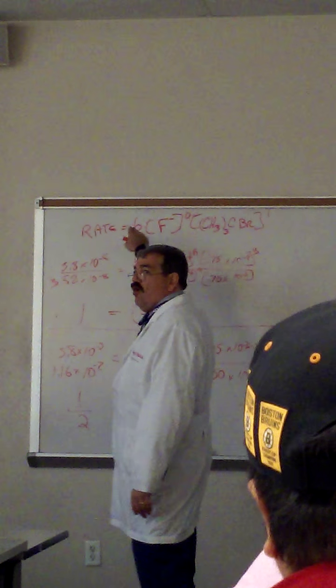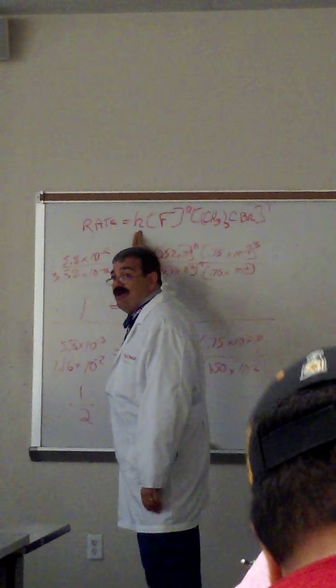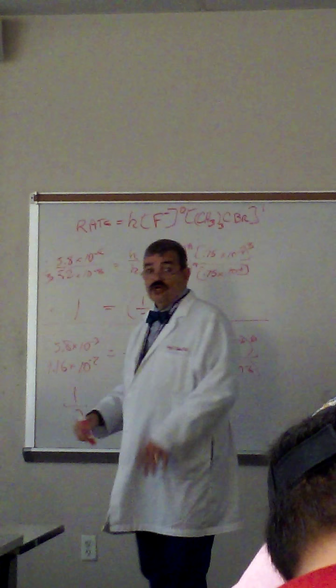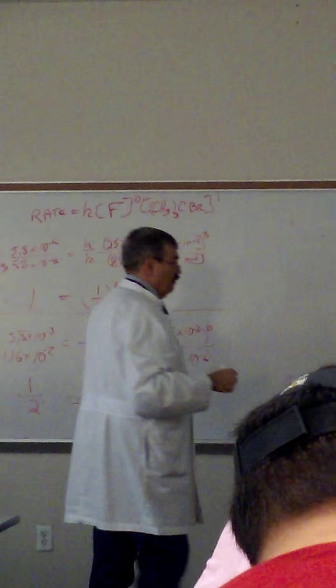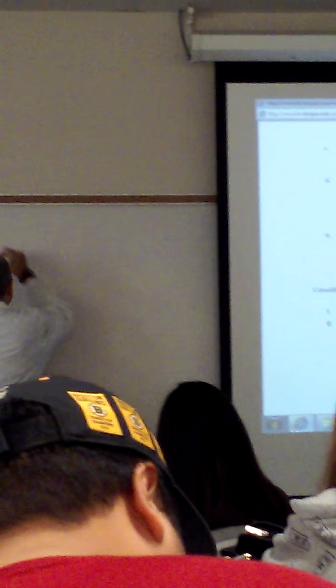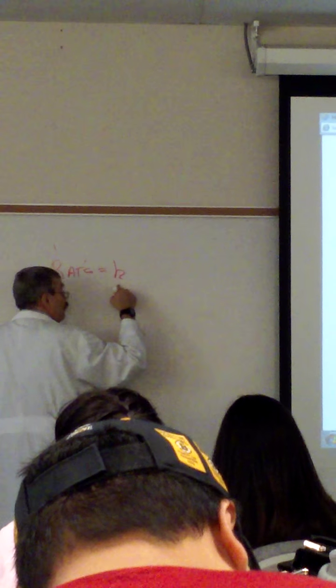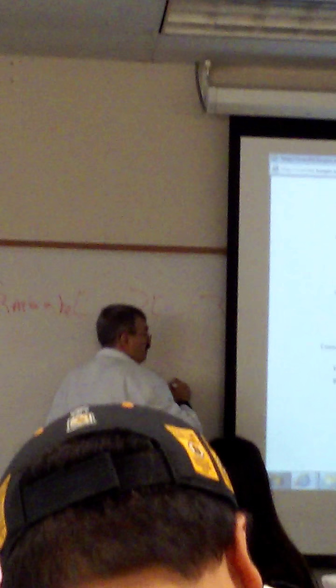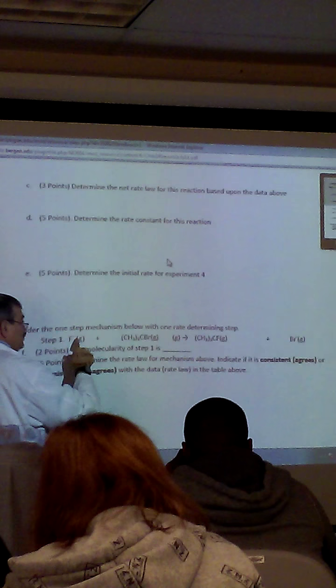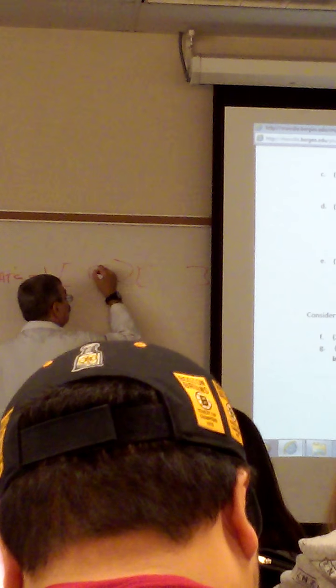This is the rate law based upon the kinetic experiment. So, rate is equal to k, the rate constant, times whatever. Here it is. F is a reactant that affects the rate.